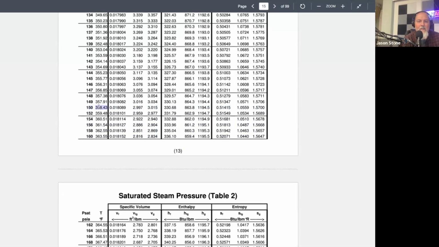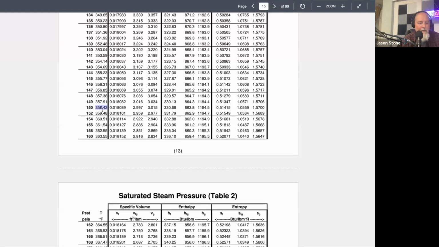Well, if it's a steam water mixture, while it's undergoing that phase change, in this H sub FG, V sub FG, and S sub FG phase, it stays the same temperature. So once it's steam, it has superheat. It's simply 500 minus 358.43.